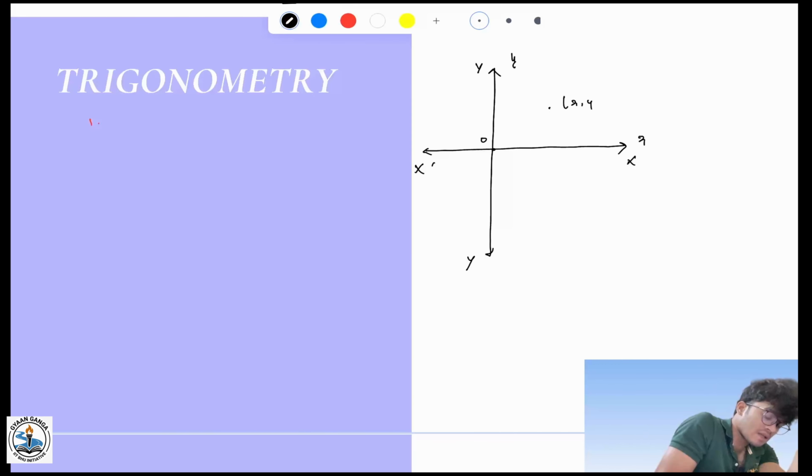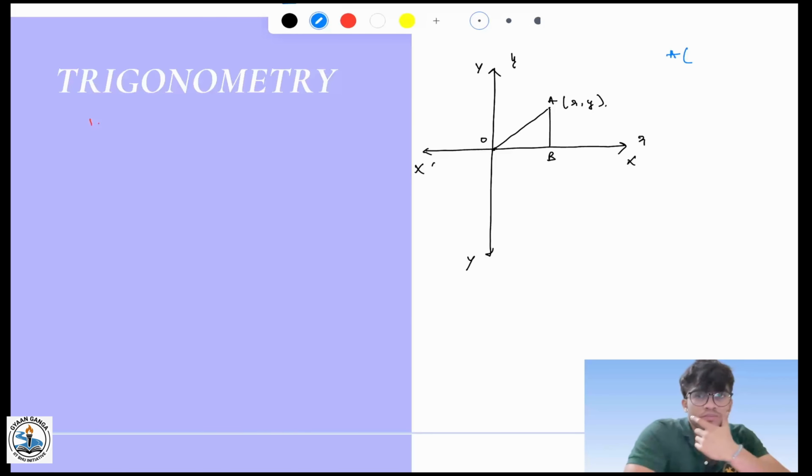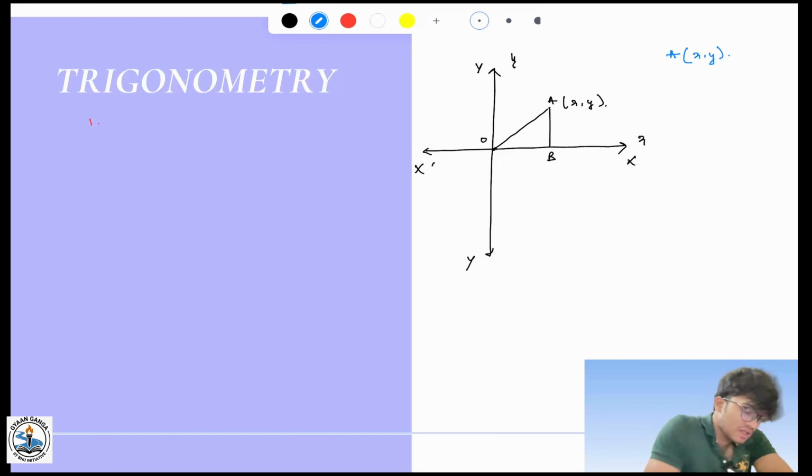What is x? X is the distance of O to, let's say, this point B. I'll draw this as point A, and what is unique about point A is that its location in this plane is categorized by x, y.